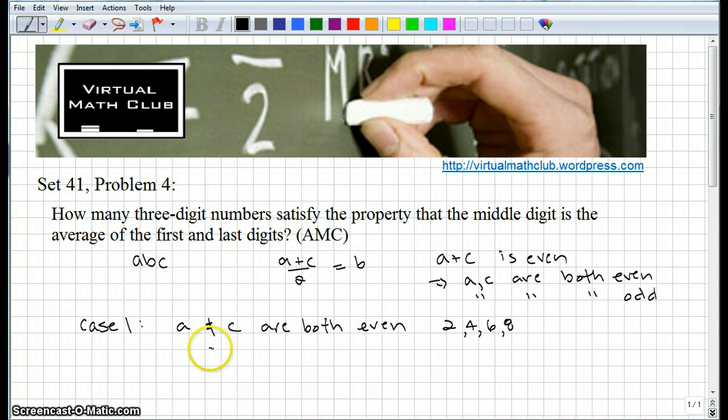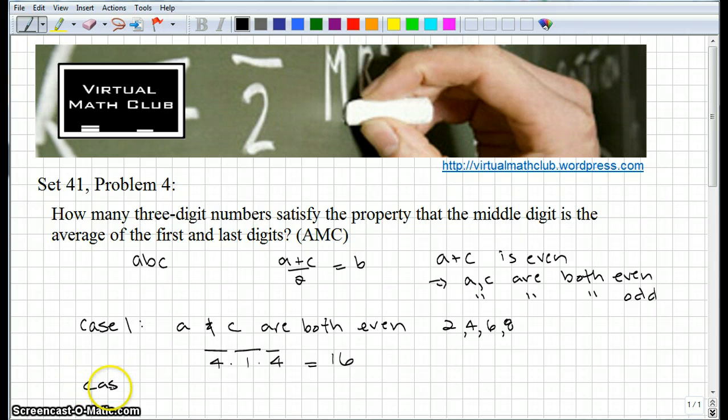And so we have a three-digit number, right? So if we choose the first digit, we'd have 4 choices for the first digit, and we'd have 4 choices for the last digit, and then the middle digit is just going to be determined by the average of the two of them. Okay, so there's only one choice for the middle digit. So essentially we have 16 possible numbers where the first and last digit are both even.